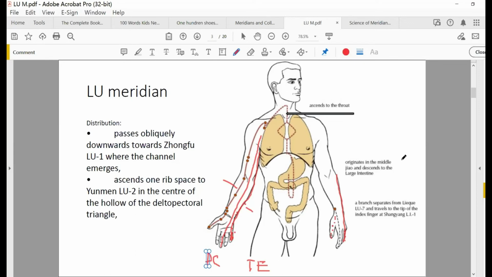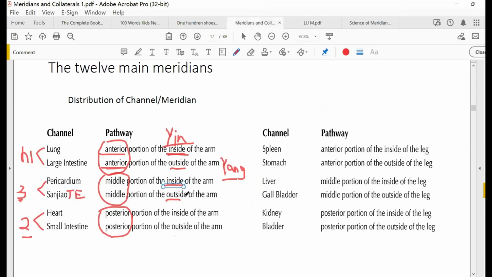The yin part, the medial, normally will not face the sun, so it's relatively lighter. Inside, that's the yin part.